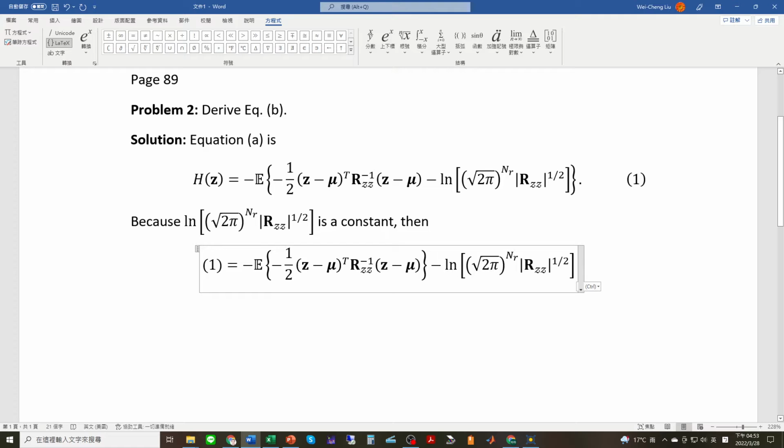And it becomes plus natural log of the square root of 2 pi to the power of nr times the determinant of RZZ to the power of 1 over 2.